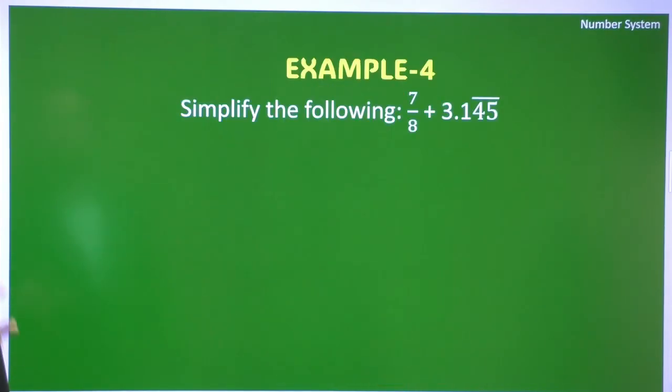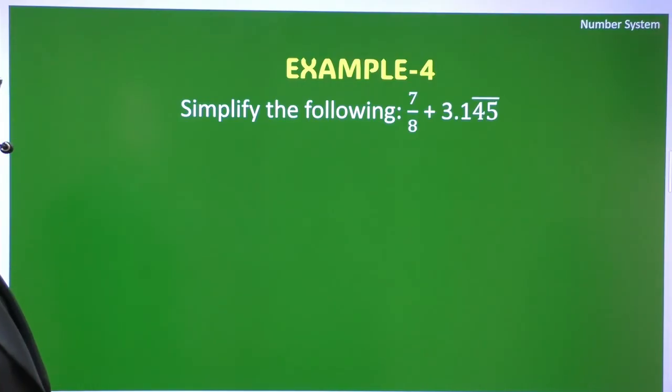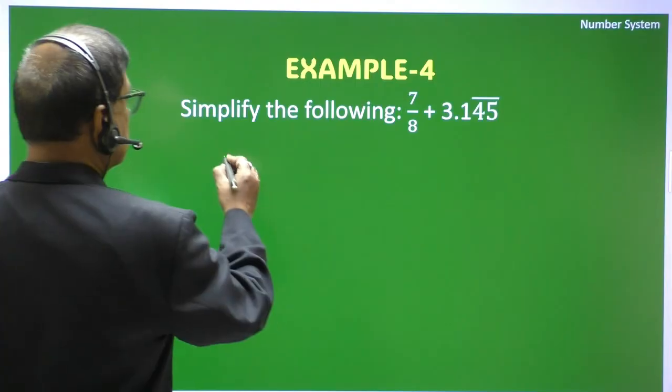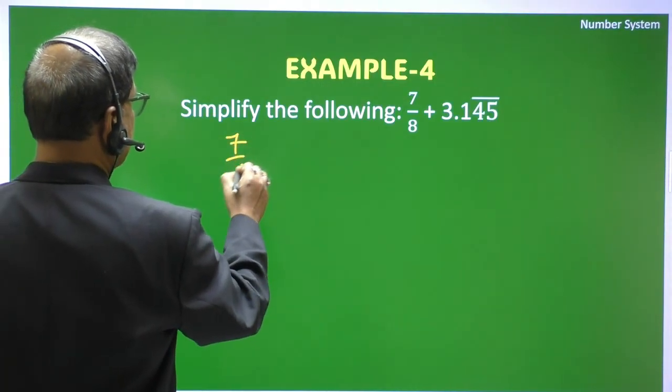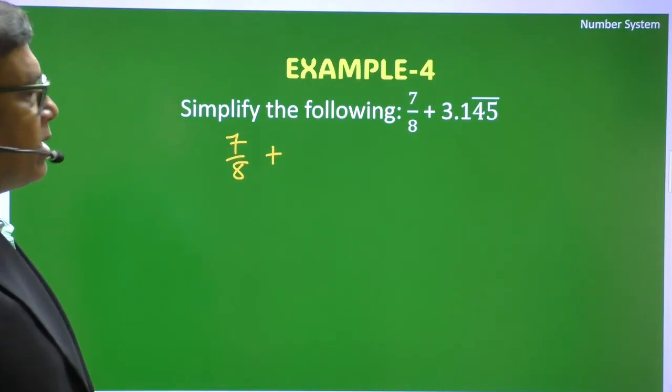Now I'll discuss example number 4. We have to simplify the following. How will we simplify? 7 by 8 plus, this is a recurring decimal.